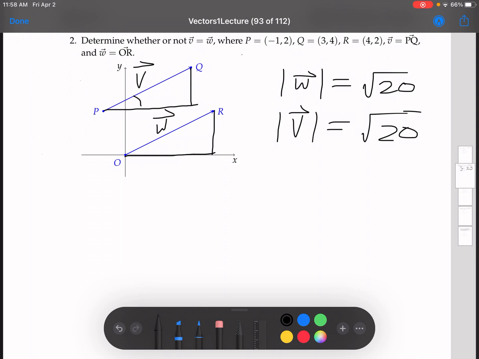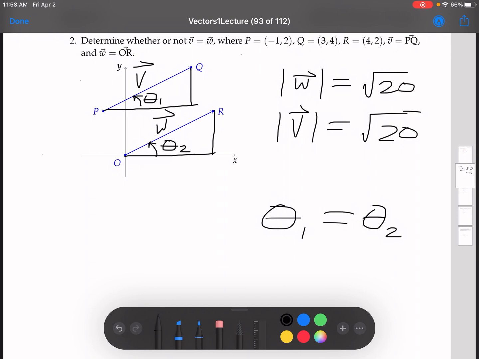You'll look at this angle, theta 1. You'll look at this angle, theta 2. And you'll say they have the same direction if theta 1 equals theta 2. And the way you'll find that is using trigonometry.